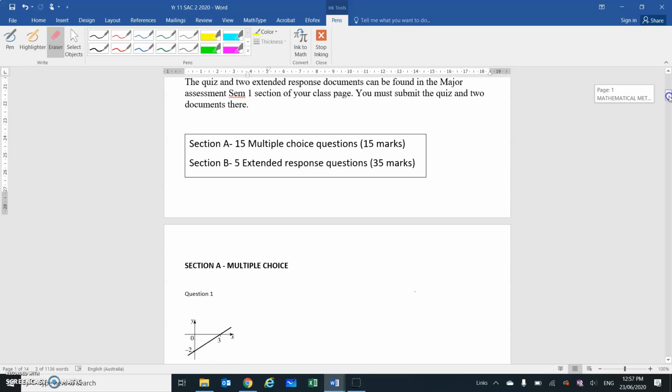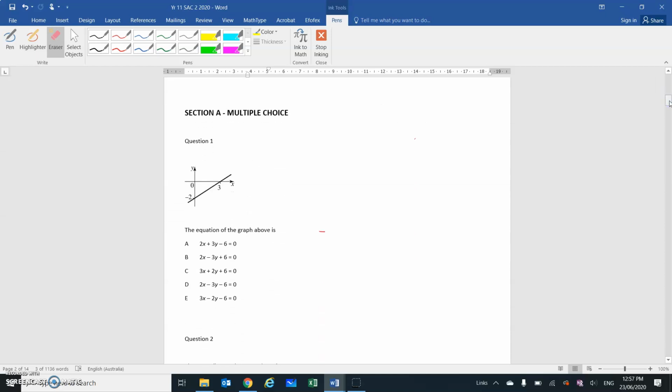Question 1. We have a straight line and we need to find which equation shows that straight line. You can see it's a positive gradient. You can use rise over run to find the gradient, or we can just write down the coordinates that we see, which are (0, -2) and (3, 0), and we can find the gradient now.